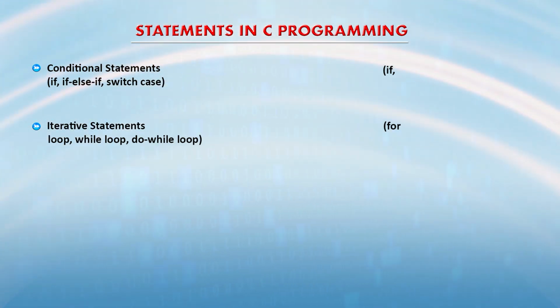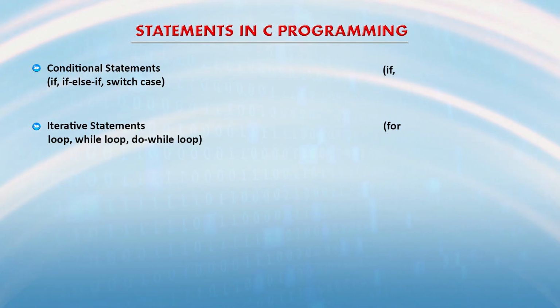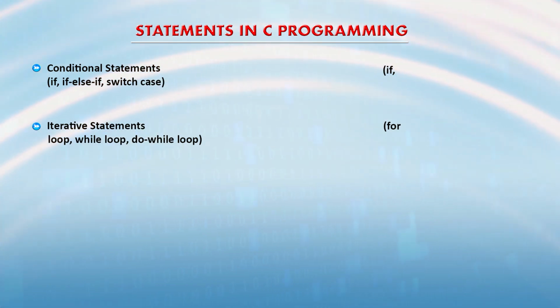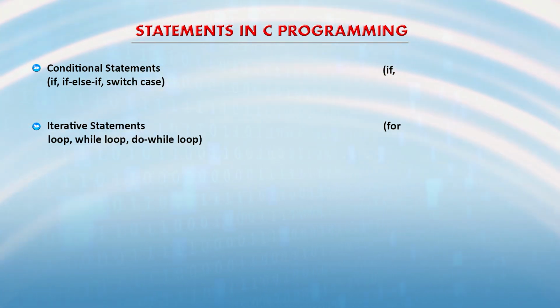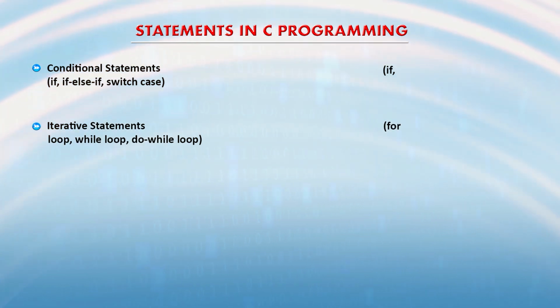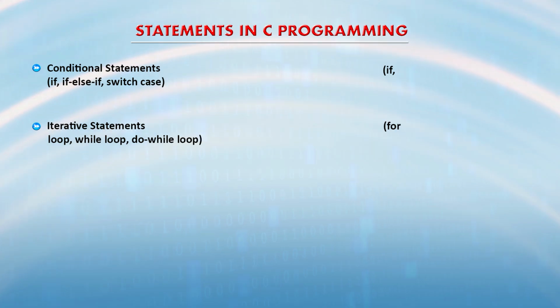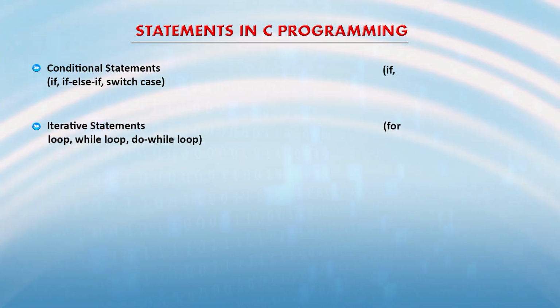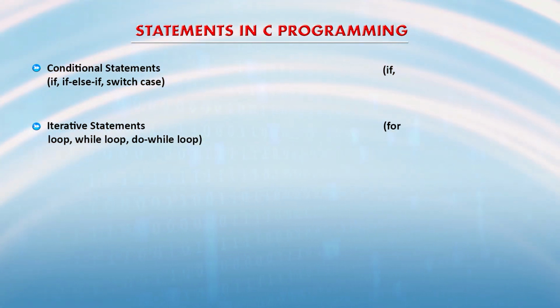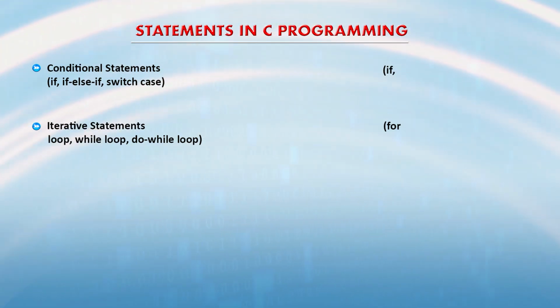Today's session relates to statements and arrays in C. We will be discussing conditional statements and iterative statements in C programming, and they are jointly used to work with different logics to be programmed in a C program. The conditional statements covered in this session are the if construct, if else and if else if. Apart from this, we will also discuss the switch construct under conditional statements.